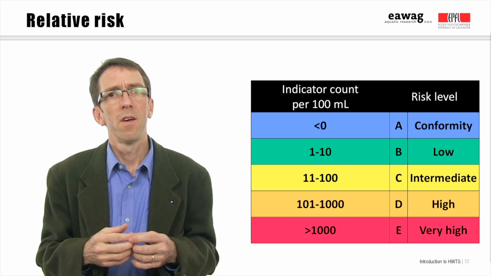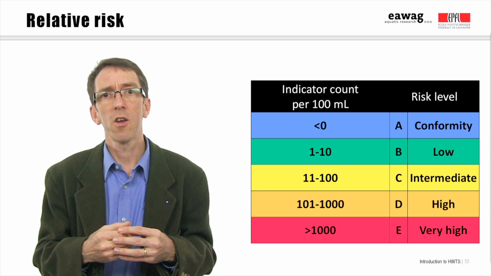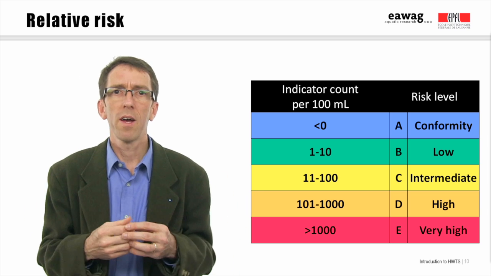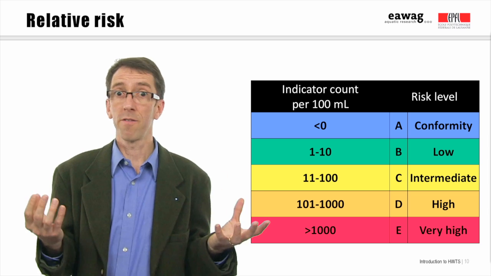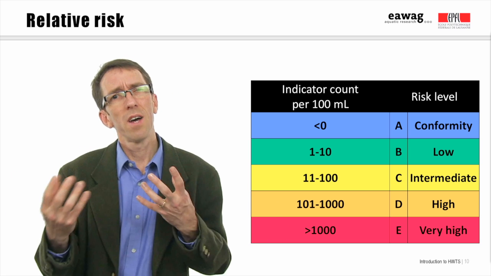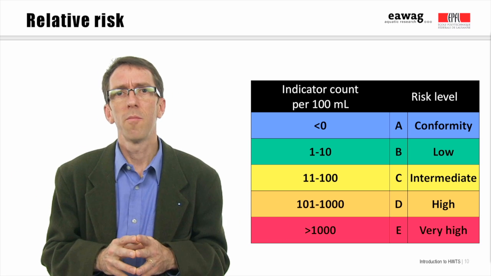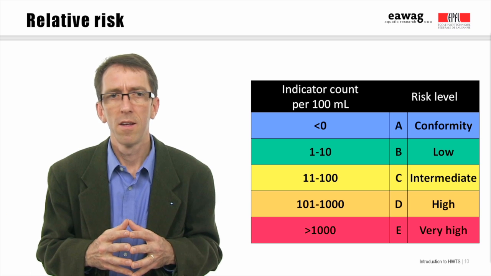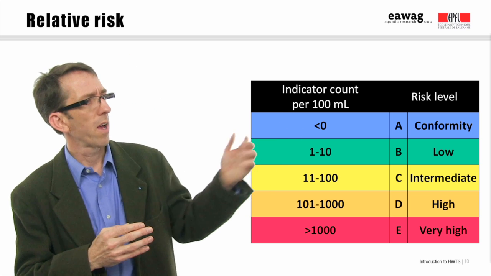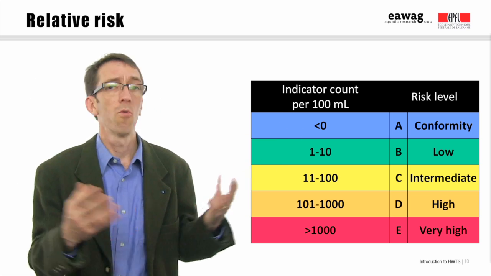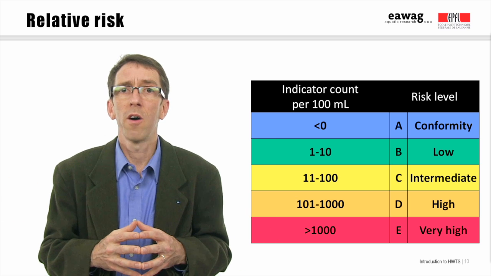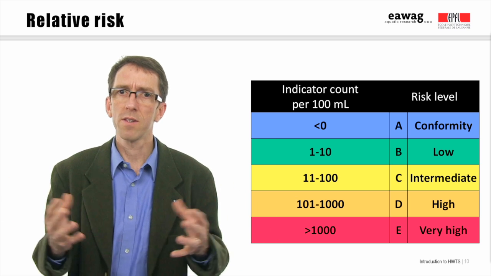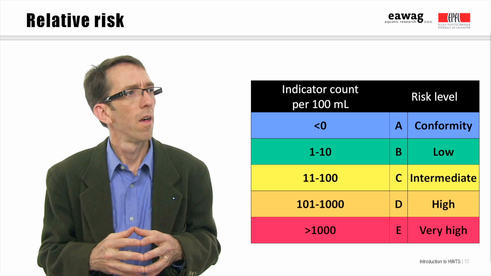You can consider that water that has higher levels of indicator bacteria is probably more likely to have higher levels of fecal contamination, though there's not a very clear correlation between indicator bacteria and pathogens on the other hand. Still, water having very high levels of E. coli, more than 1,000 counts per 100 mils, is probably very risky for consumption.